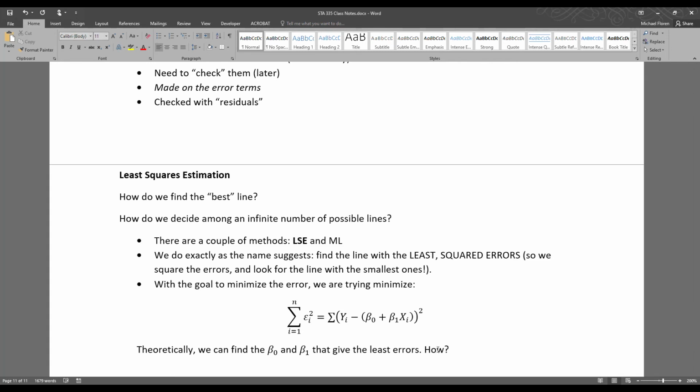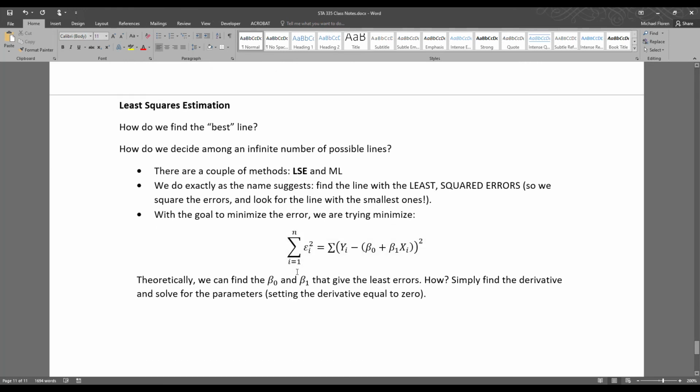How? Well, it's actually pretty simple, and you're going to get to work on one of these problems in your homework. But you simply find the derivative and solve for the parameters. So if you remember, in a continuous curve, setting the derivative equal to 0 on a squared term, that's a parabola.